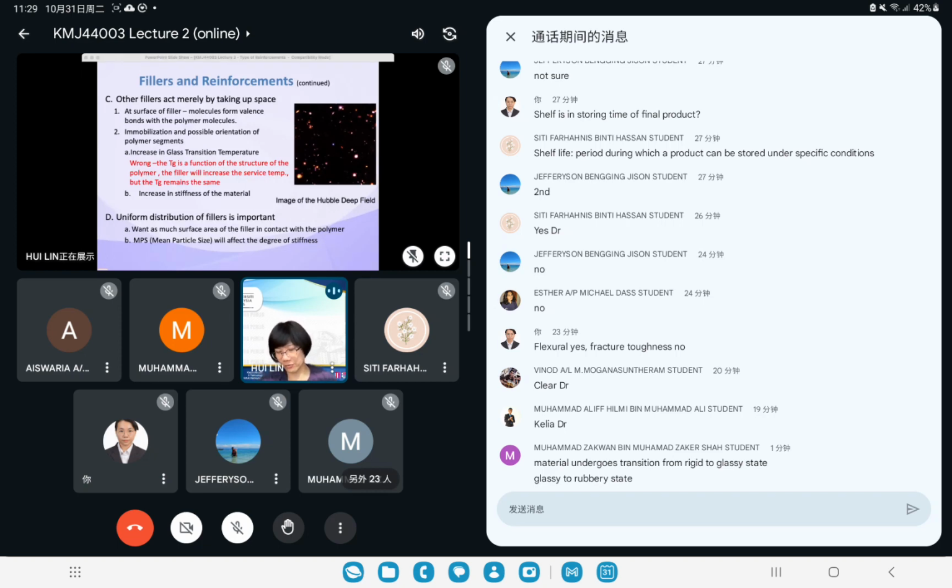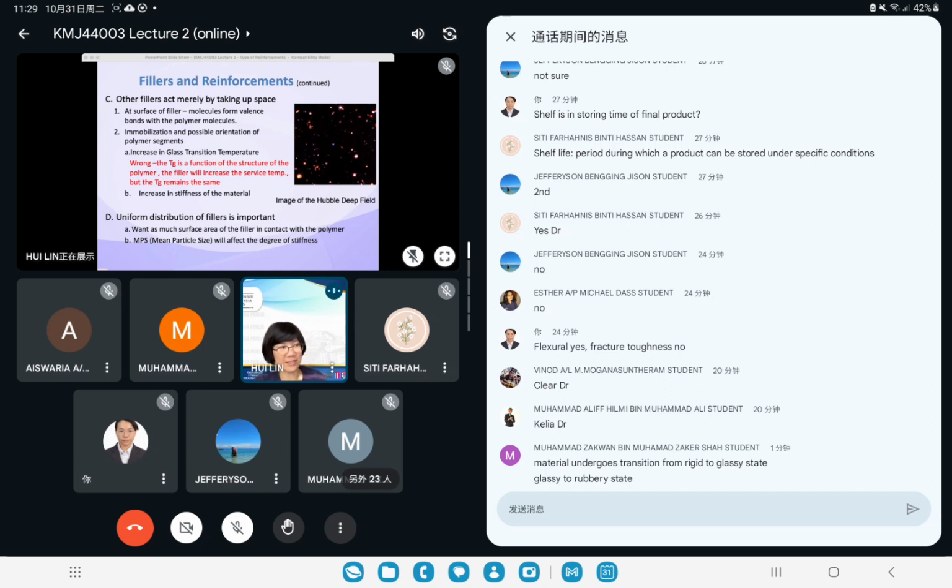In general, polymer has two types of structure. One is amorphous, another one is crystalline region. So this Tg is found in which region? In amorphous region or in crystalline region?